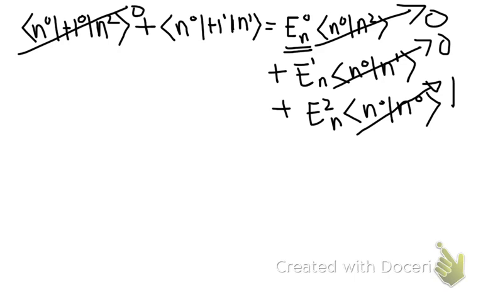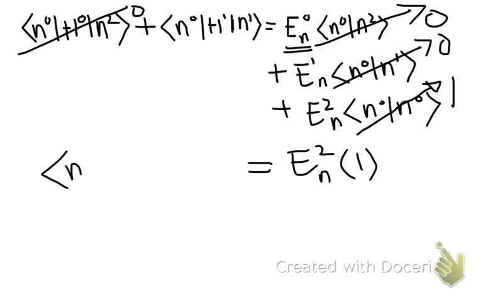So with that simplification, on my right hand side I'm left with E_N^2 times 1, and on my left hand side N0 H1 N1. Now what does this tell me?